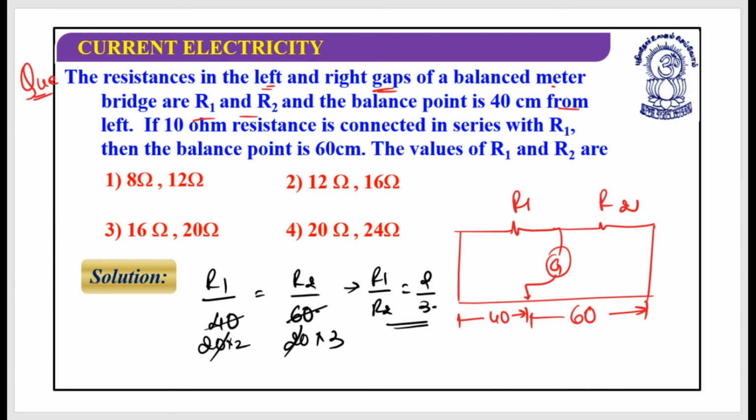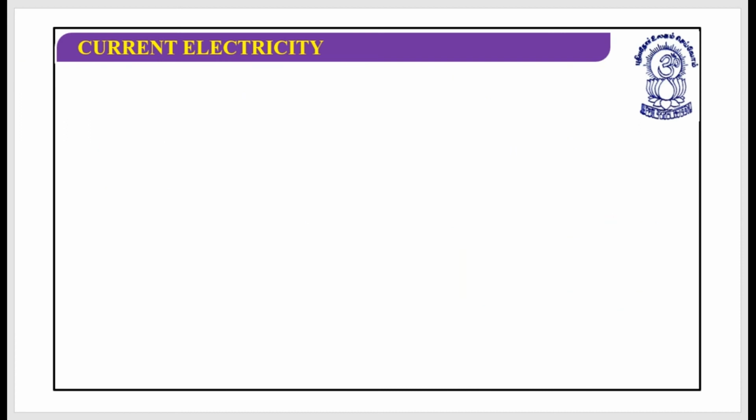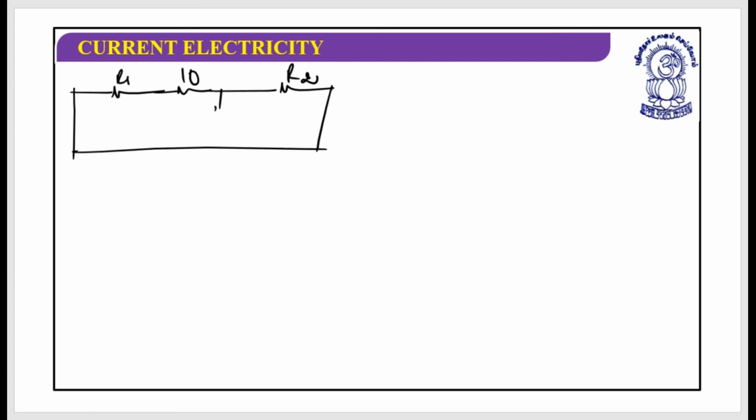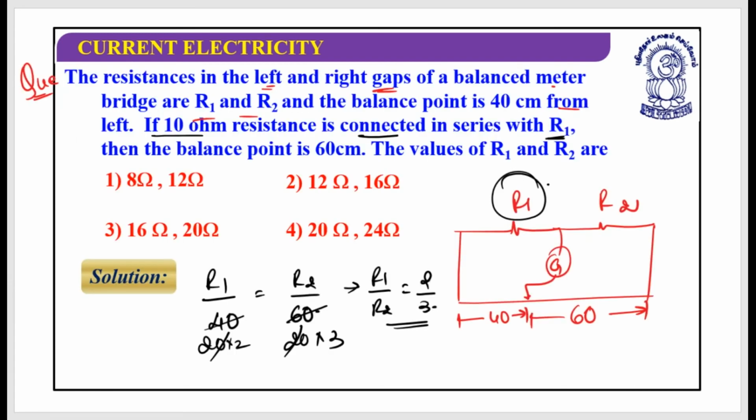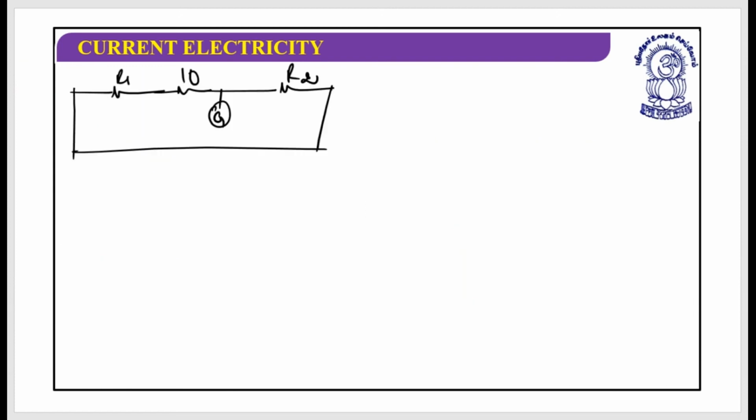Now what they are saying, if 10 ohm resistance is connected in series with R1, the situation is: this is R1, this is 10, and this is R2, and the new balance point is at 60 centimeter. So it is somewhere here; this is 60, this would be the 40.